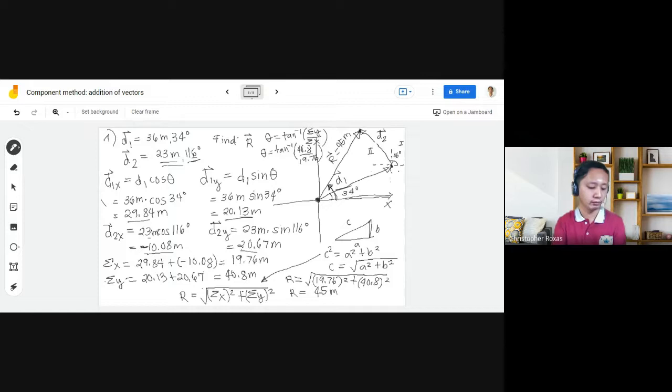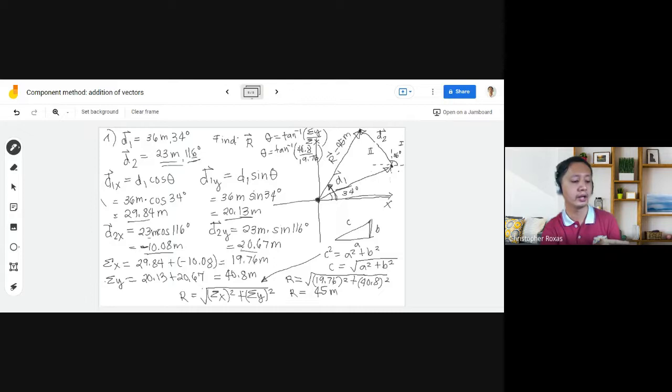Okay? So how do we do that in our calculator? Pwede nyo i-divide muna yung 40.8 by 19.76. Yun. And then you get the inverse tangent. How do you get the inverse tangent? You have the sine, cosine, and tangent, di ba? Paano yung inverse tangent? Sa Casio calculator, you have the shift function.